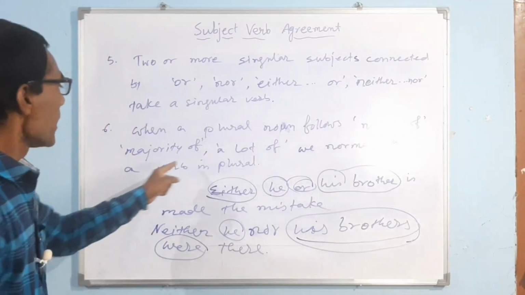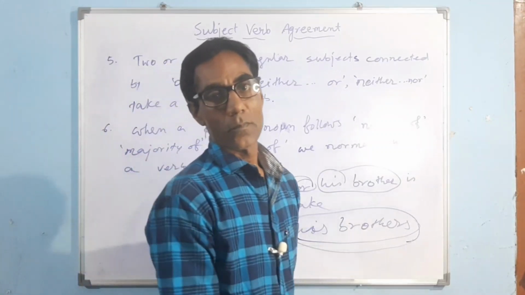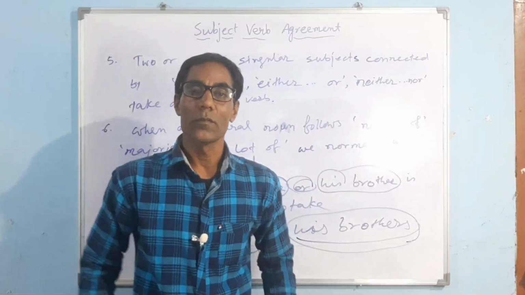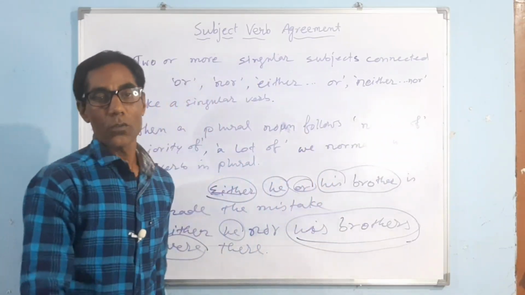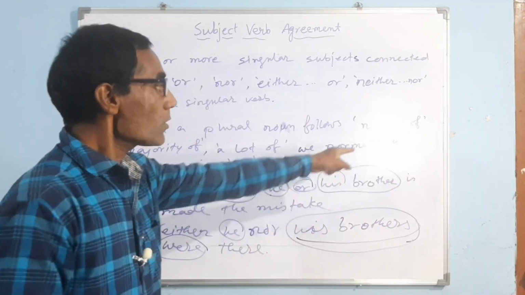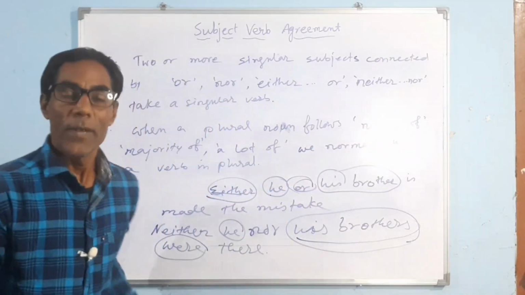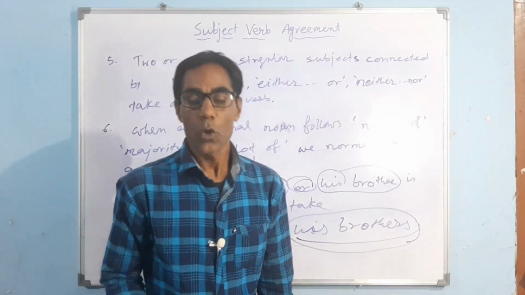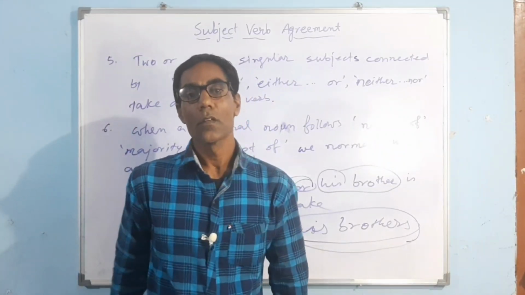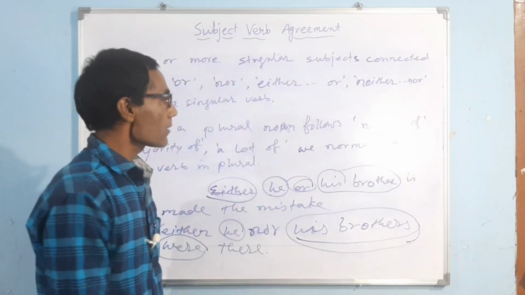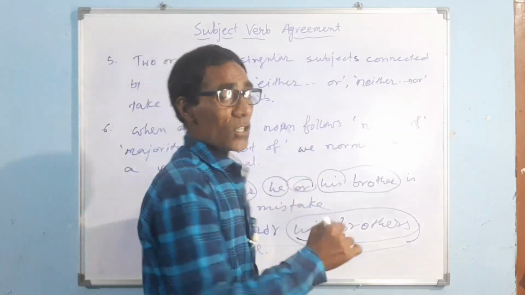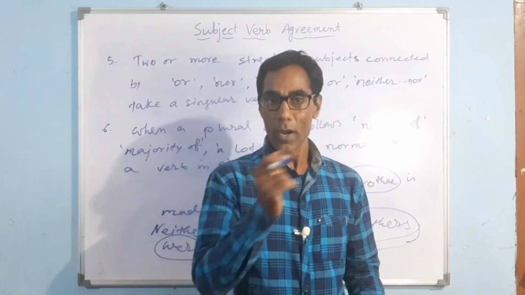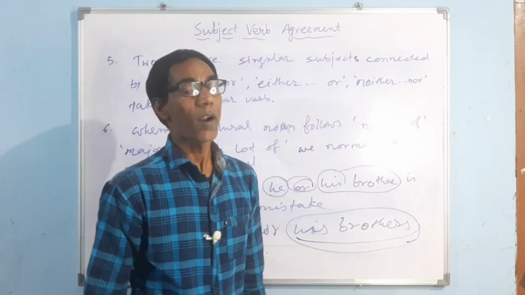Now next, when a plural noun follows number of, majority of, a lot of, in that case normally you have to use a plural verb. As in, a large number of boys were quarreling.